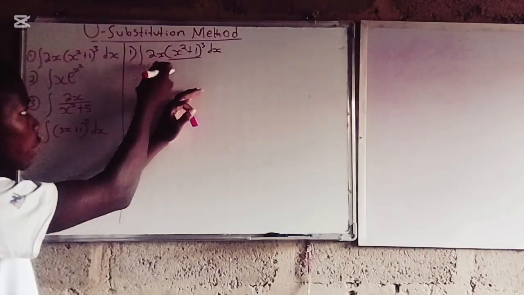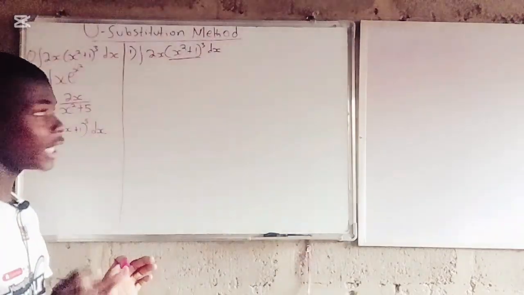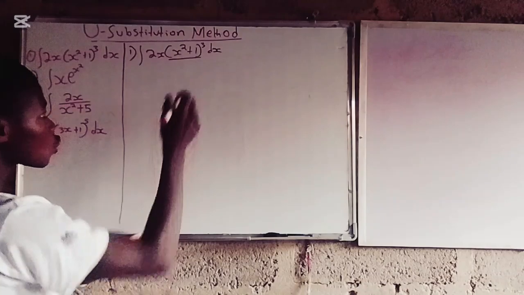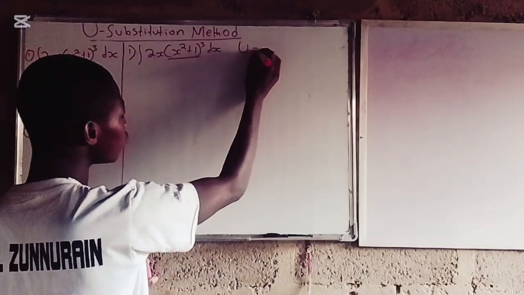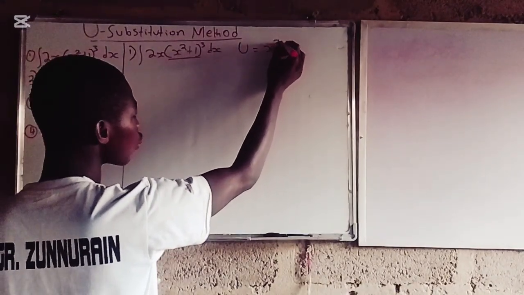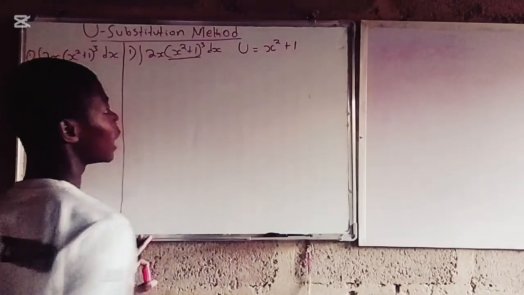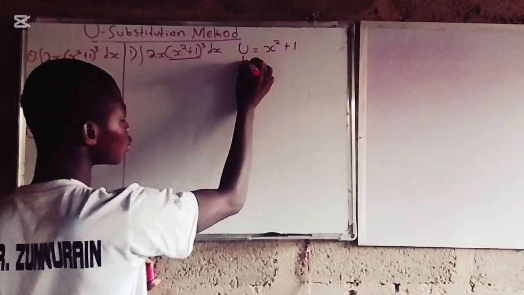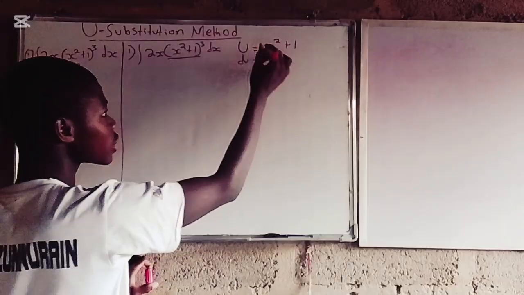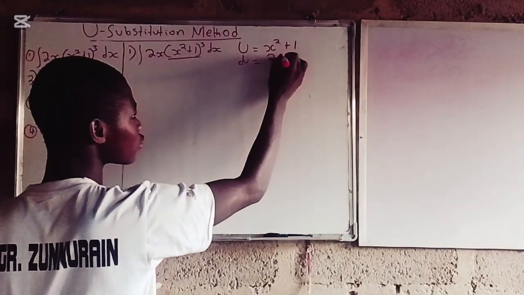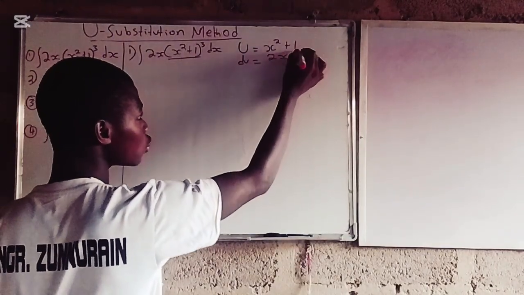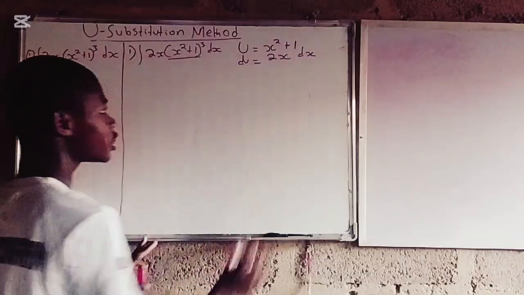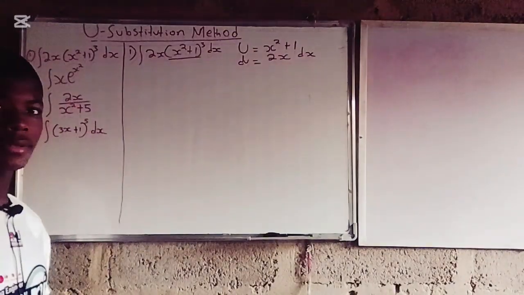At the end, this 2x will cancel 2x. Let me show you how it works. So I have to say let U equal x squared plus 1. And therefore du, which is the derivative of this function, will be 2x plus 0, dx, because I'm differentiating with respect to x.